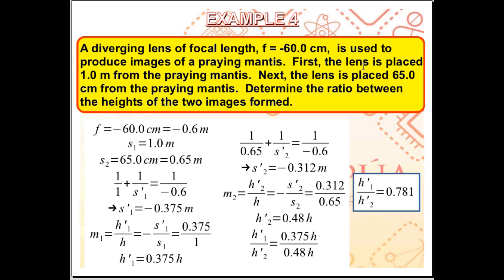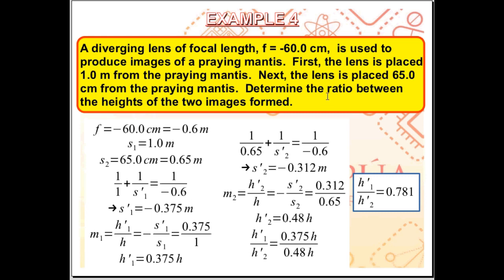First, the lens is placed 1 meter from the praying mantis. There's an image formed. Next, the lens is moved and placed 65 centimeters from the praying mantis. Another image is formed. So we have case 1 and then case 2.